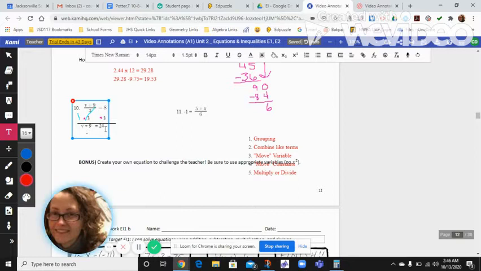If I subtract 9 from both sides, that will move my constants all to the right, and since my variables are all to the left, I am done. My final answer is 15.